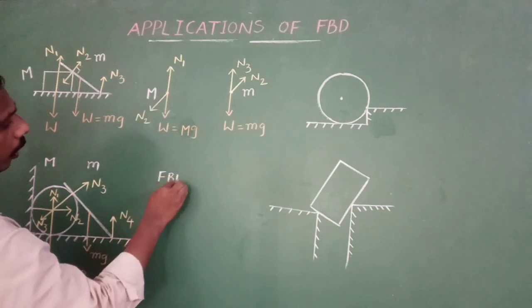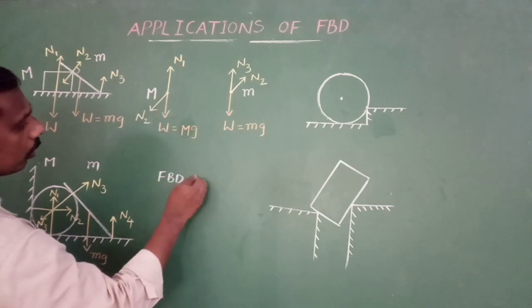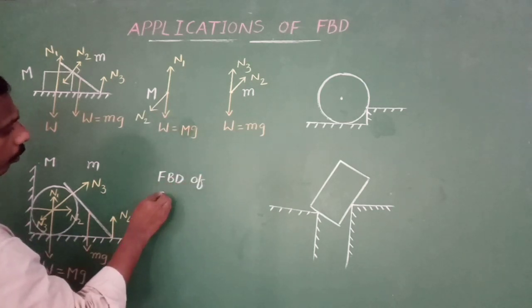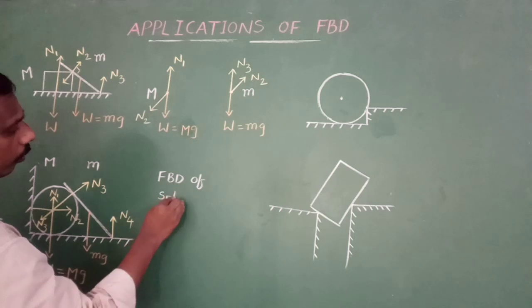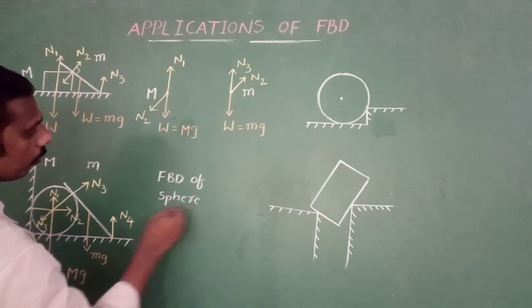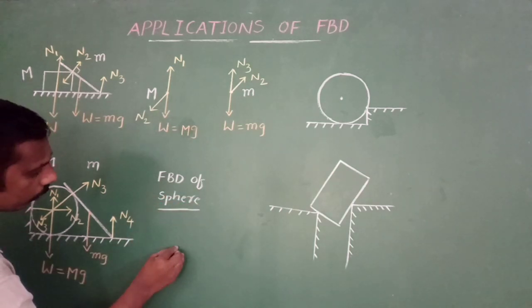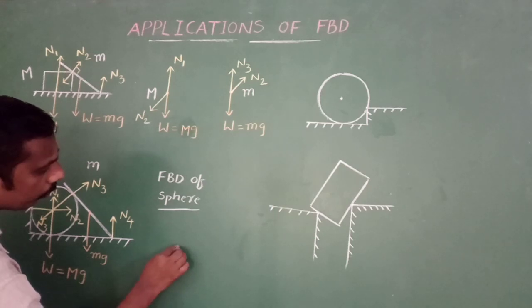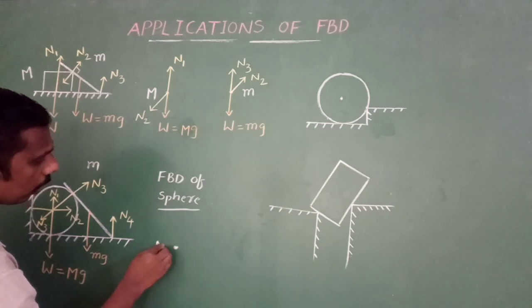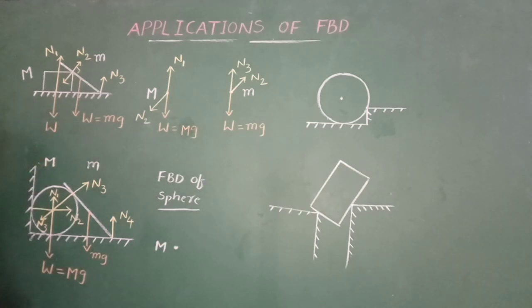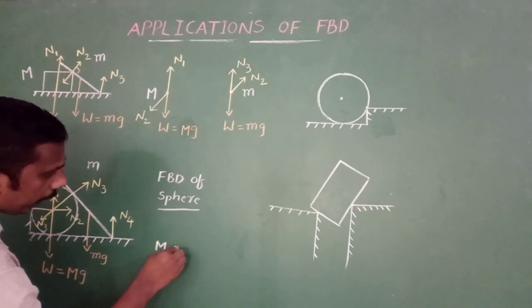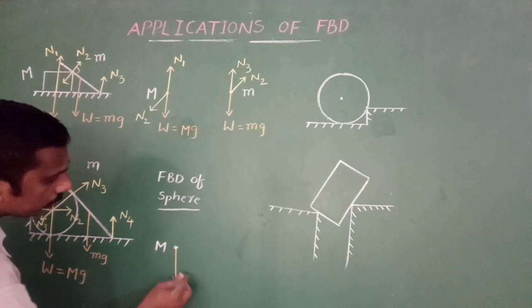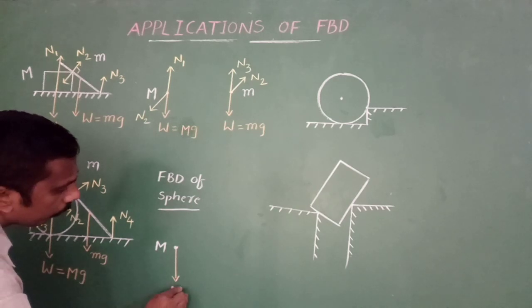FBD of sphere. This is a sphere of mass capital M. On the sphere, weight Mg acts in the downward direction.